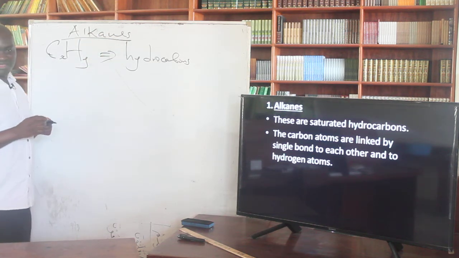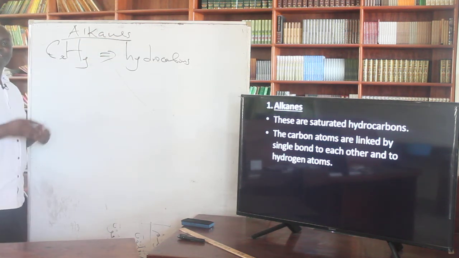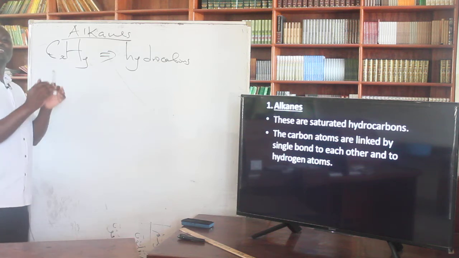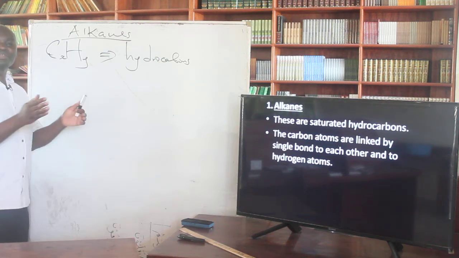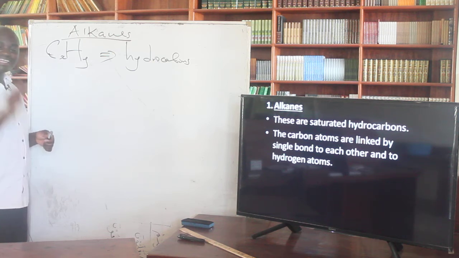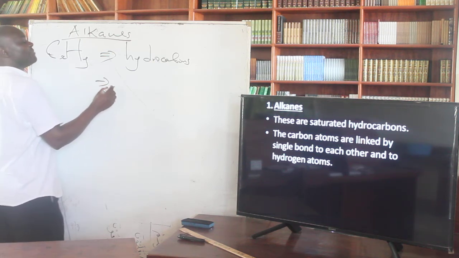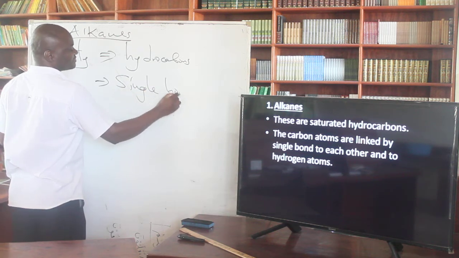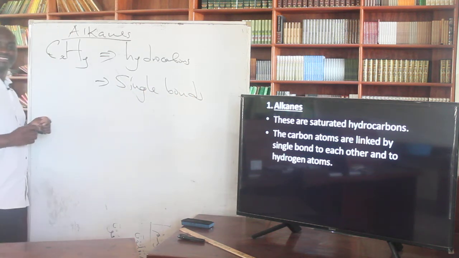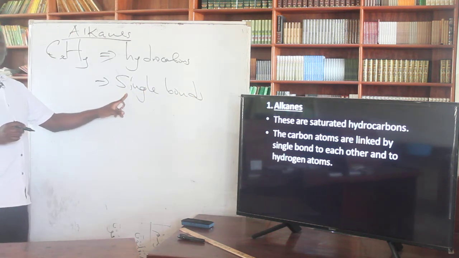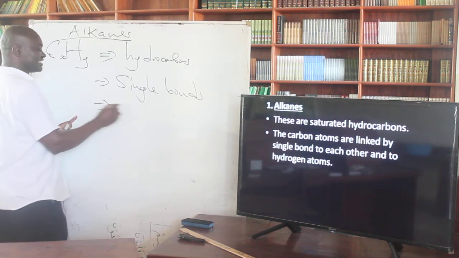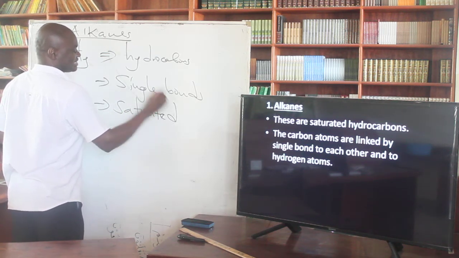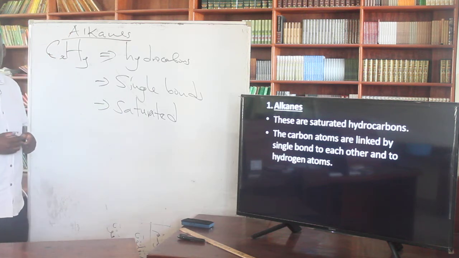That's one. Then the next question: are they made up of carbon-carbon single bond, or carbon-carbon double bond, or carbon-carbon triple bond? Alkanes are made up of carbon-carbon single bonds. And if they are made up of carbon-carbon single bonds, it means these are saturated organic compounds.